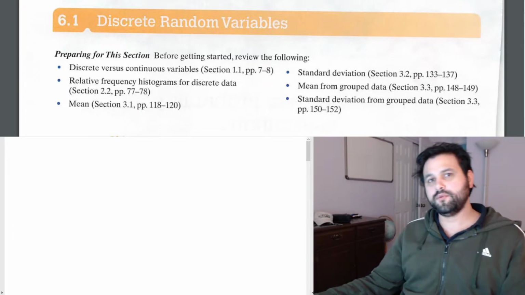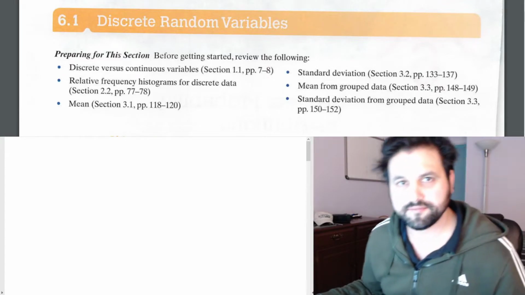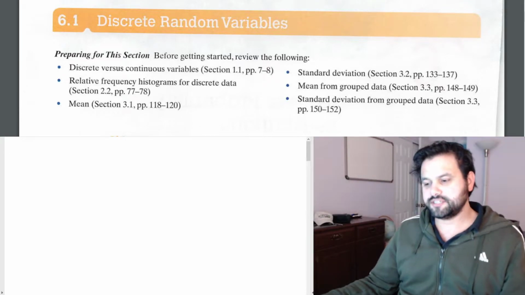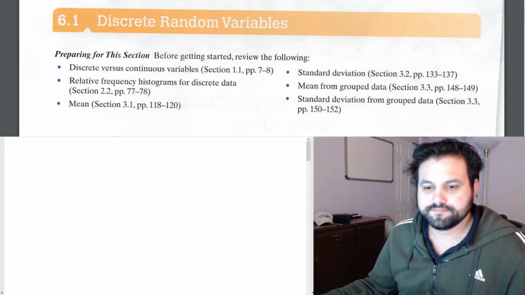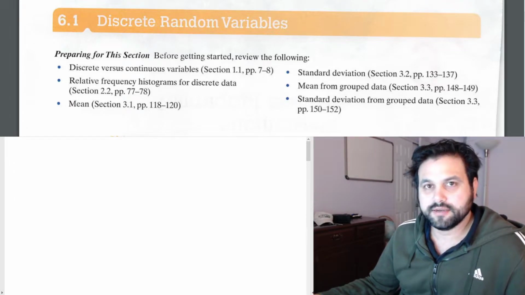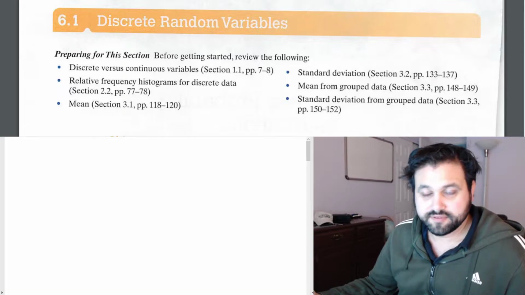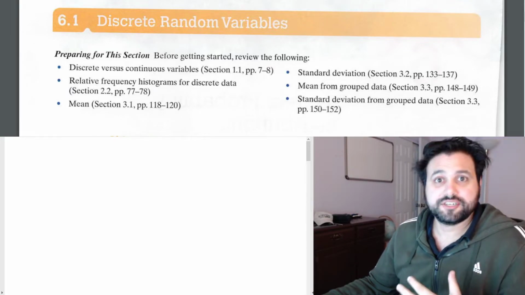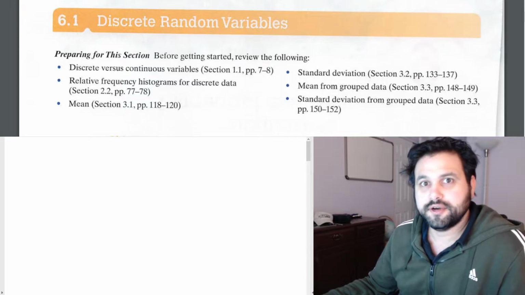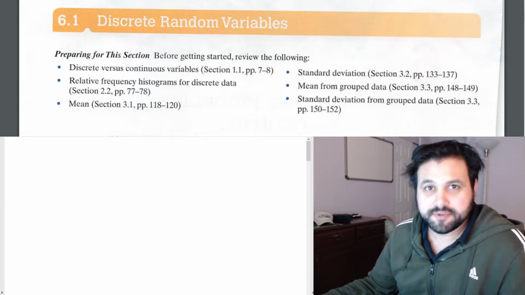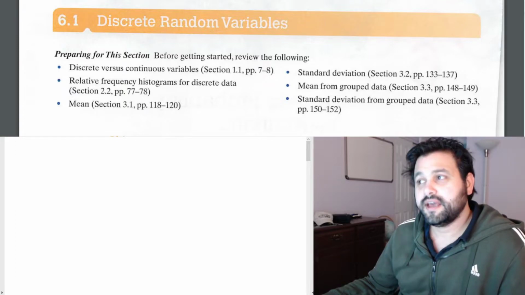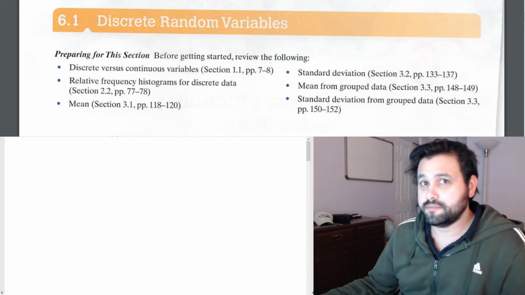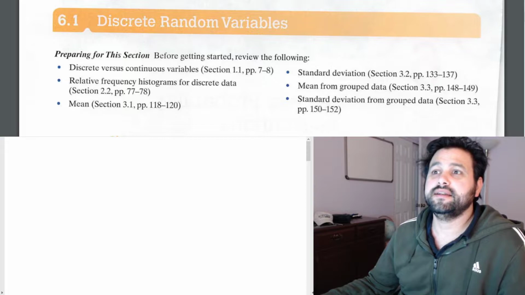So 6.1, we're going to be talking about discrete random variables, and this is actually a pretty good topic to pick up here on this new format of class, because we actually went over this before. I got a little bit ahead of myself in the probability unit, and we started talking about things like probability distributions and expected value.